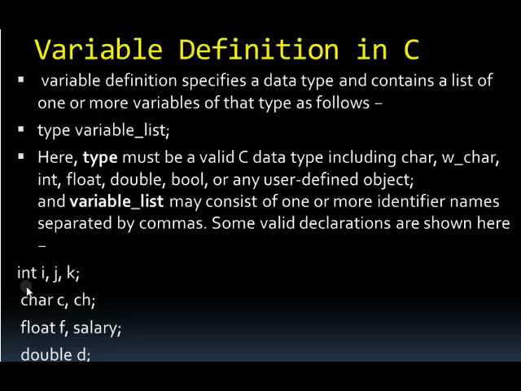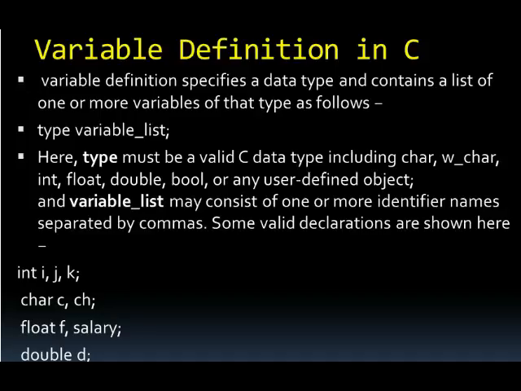Examples: int i, j, k, where i, j, k are identifiers and int is the data type. Then char c, ch, where c and ch are identifiers and char is the data type. Then float f, salary, where f and salary are two different identifiers and float is the data type.